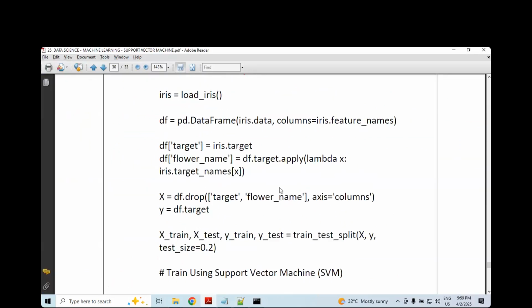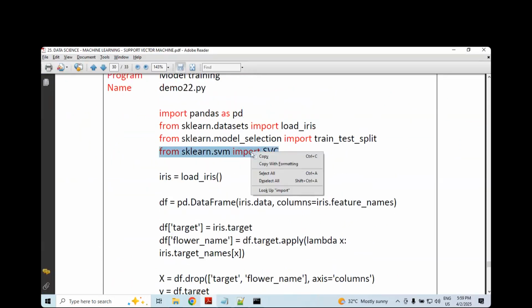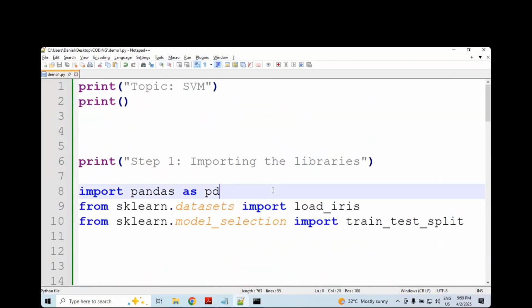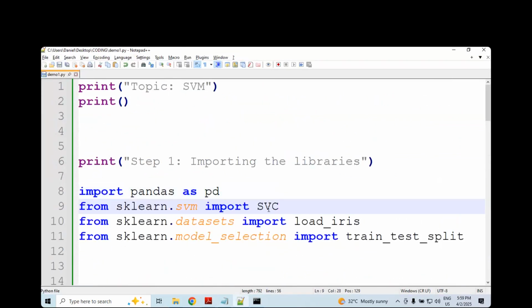Import that model. Here SVC is in all capital letters. Sometimes the one who created it gave all capital letters, and that is accepted. If you want to know whether it is a class or not, you can go to the documentation and cross-verify.